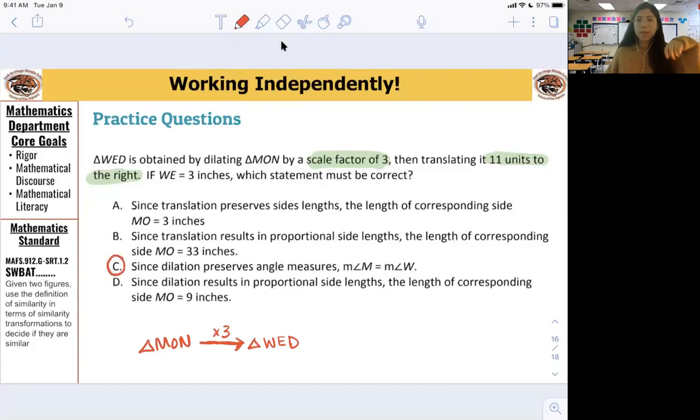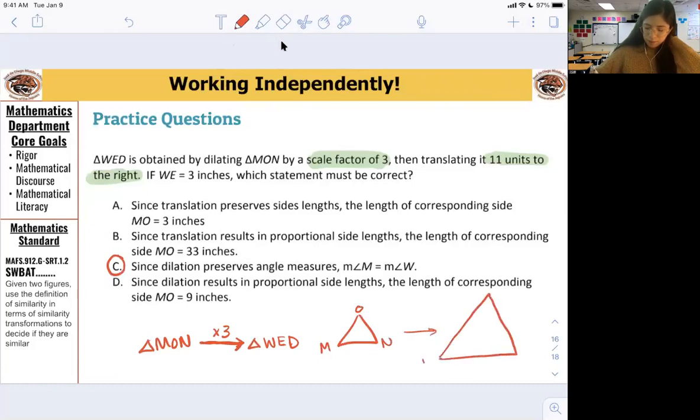So let's take a look. First of all, let's actually look at this triangle. If I start at just any triangle, M, O, N, and then we know it gets 3 times as big, right? W, E, D. If WE is 3 inches, what is the length of MO?